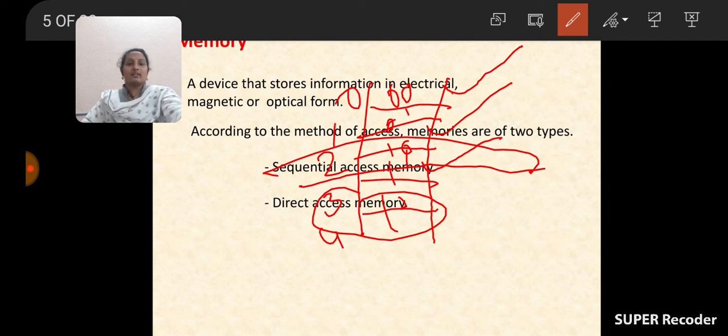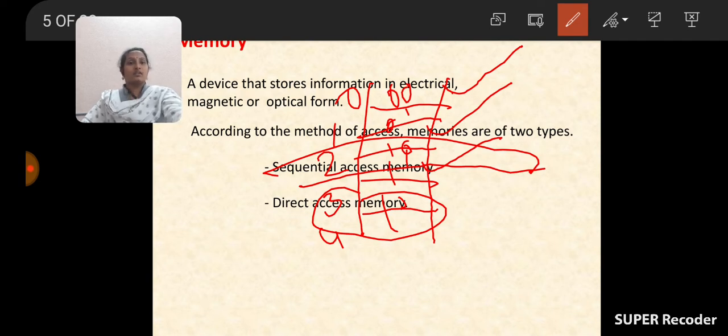Direct accessing. Otherwise, if I would like to enter the data into the third register without touching the first, second, 0th register, if I enter the data directly into the required register, then that accessing is called direct access memory. Sequential accessing means, if we would like to enter the data into one register, we may touch the other registers also.